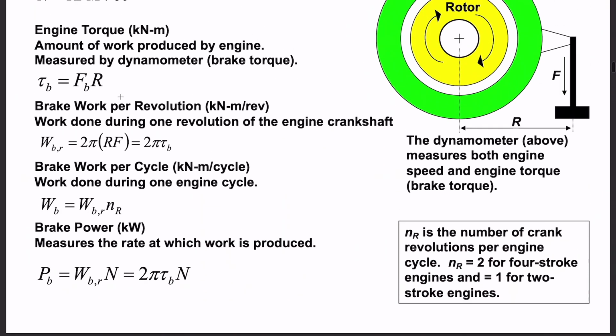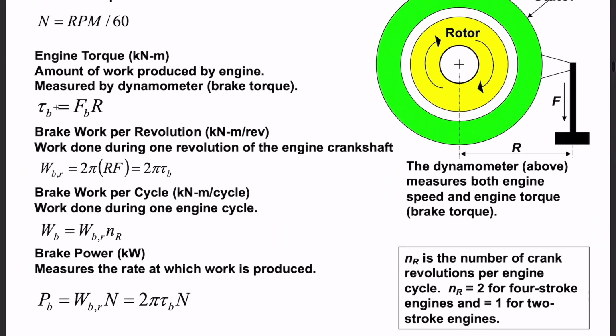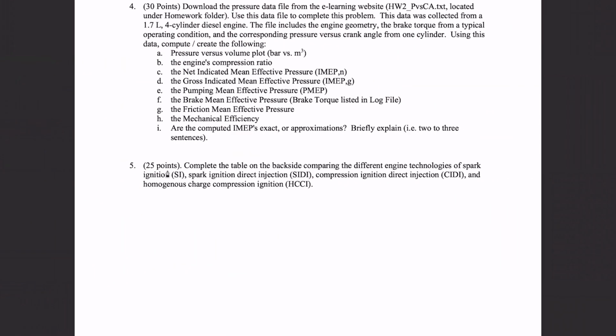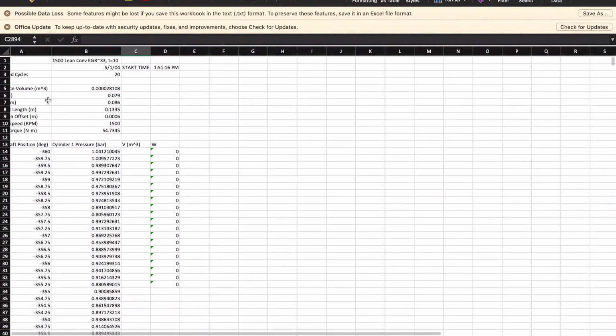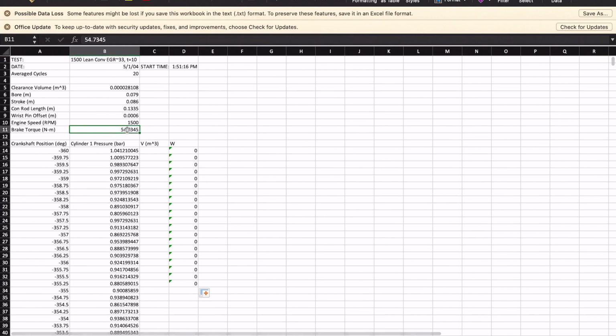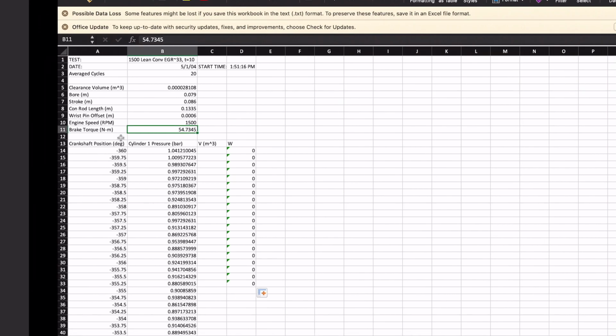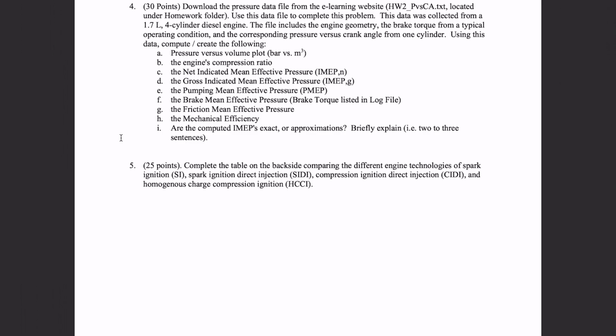And so another way to use this relationship is, if you just go up another slide, you can see here that your brake work is defined in terms of the torque. So you're given the torque in the spreadsheet file. So this is your torque right here, in Newton meters. Be careful of Newtons units in this assignment.